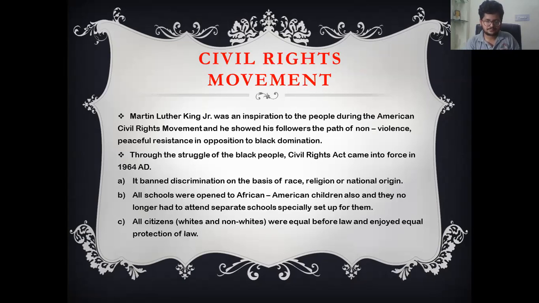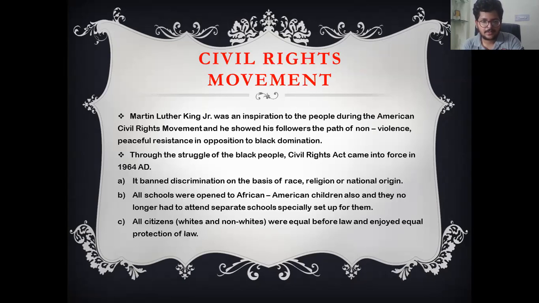Okay. Now, through the struggle of the black people, the Civil Rights Act came into force in 1964 AD. So finally, the African Americans were successful in getting rights for themselves, and the Act banned the following things.